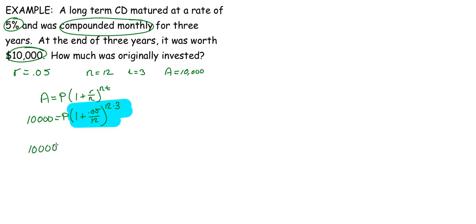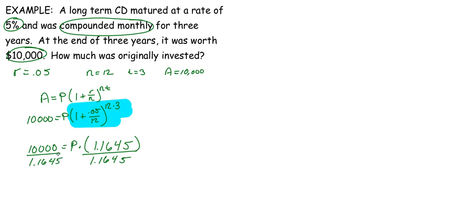10,000 is equal to P times 1.1645, and it keeps going. Well, now all I got to do is get P by itself, so I'm just going to divide both sides by this number, 1.1645.